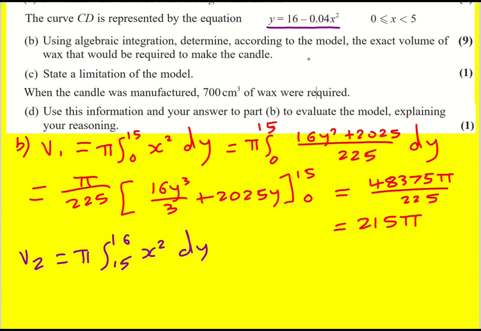But now I need to make x squared the subject, so I'll get 0.04 x squared is equal to 16 minus y. And that actually ends up becoming, if we divide by 0.04, x squared equals 400 minus 25y. So that's what I'm going to put in.